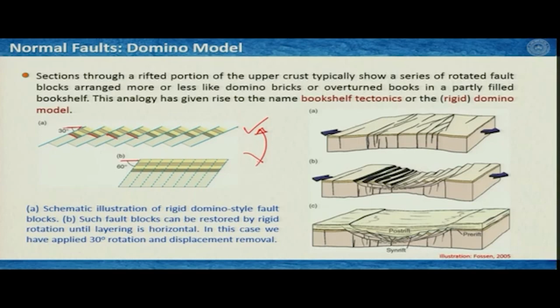Here we see that maybe a plume is coming here or some extensional tectonics is happening. So, it produces a large number of normal faults, and eventually they tilt and produce features like this, and these are all domino structures that are characteristic of normal faults.